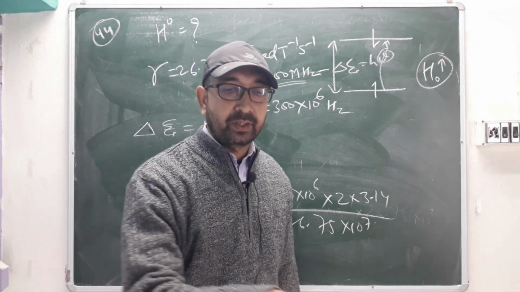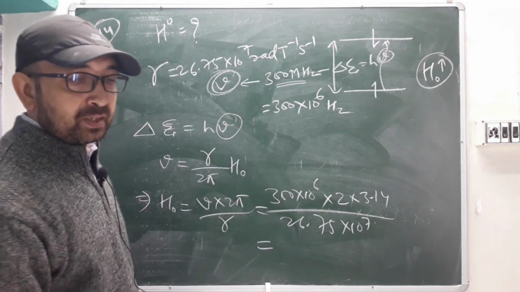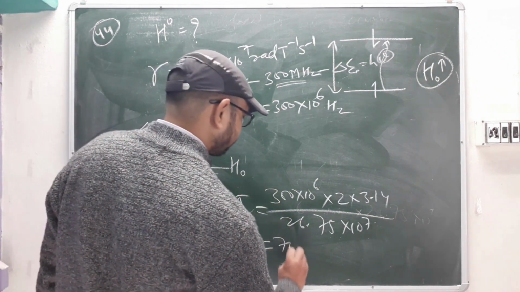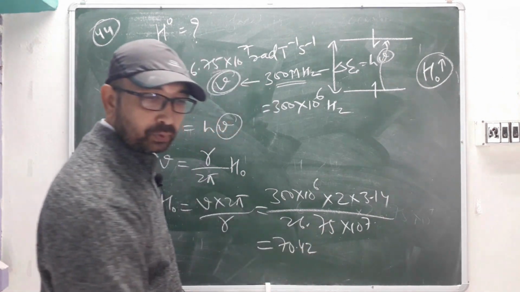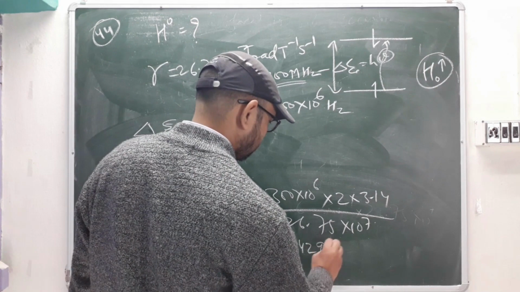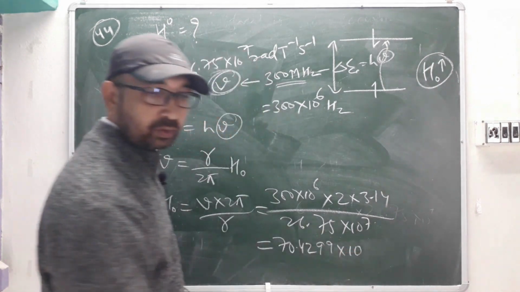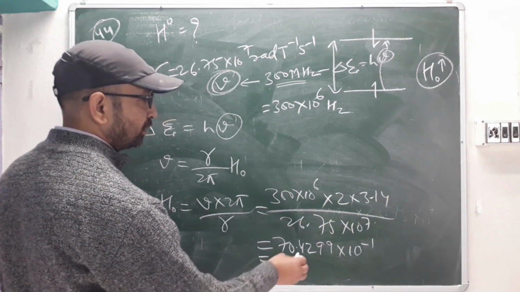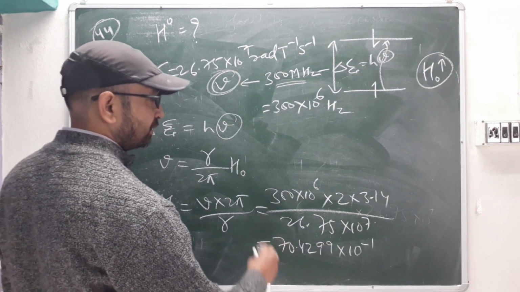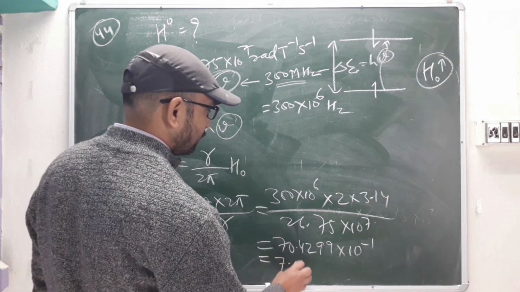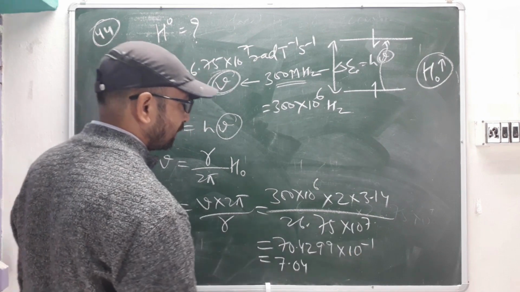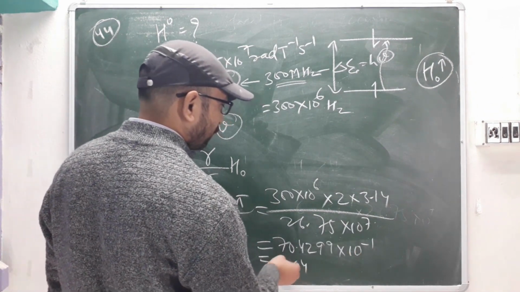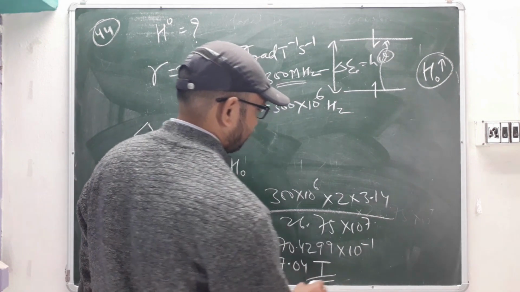It will be your 70.4299 into 10 to the power -1. So 10 to the power -1 means you have to just shift the decimal place. So 7.04, I'll take it. This side do not need to take. So 7.04 Tesla, we got the answer.